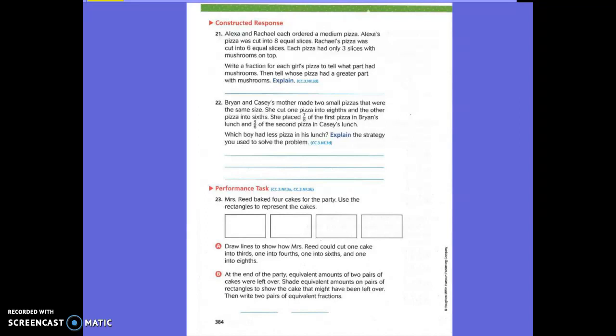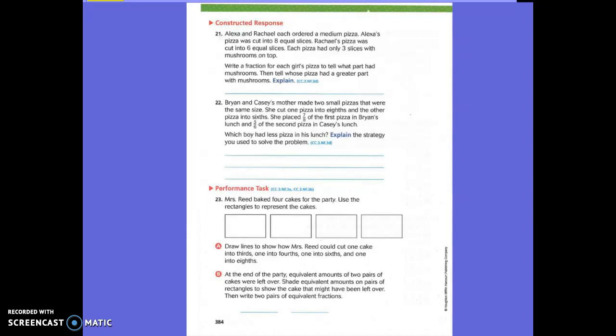Alexa and Rachel each order pizza. Alexa's pizza was cut into 8 equal slices. Rachel's pizza was cut into 6 equal slices.